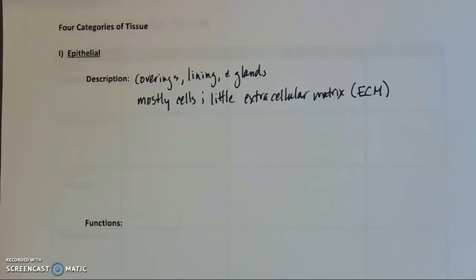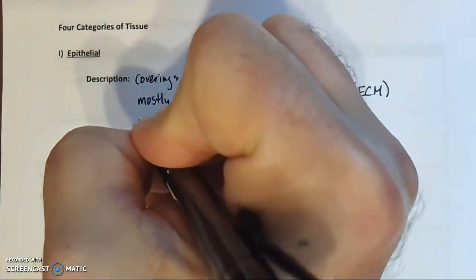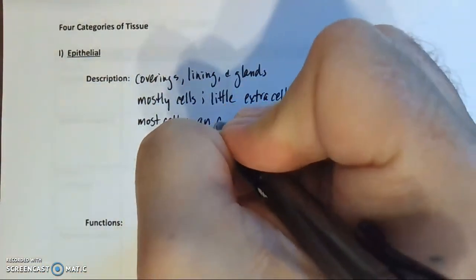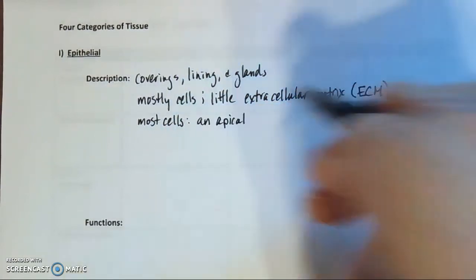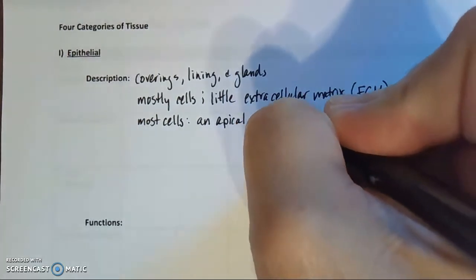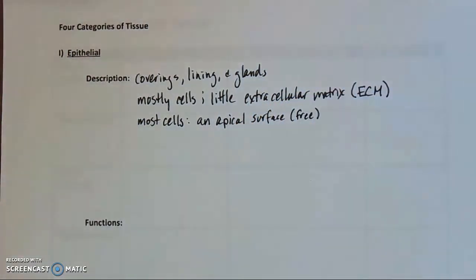So with our cells, most cells in epithelial tissue have what is known as an apical surface. And that just means a free surface. So it is not touching another cell or any other material. So it's just out there.